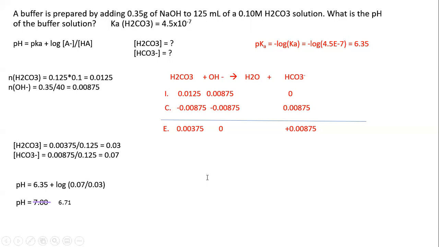So that's the pH of this buffer solution. So again, whenever you're adding a mass of strong base to a weak acid solution, this is the process you have to go through to determine the pH of the resulting buffer solution.